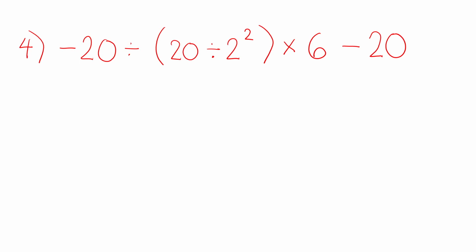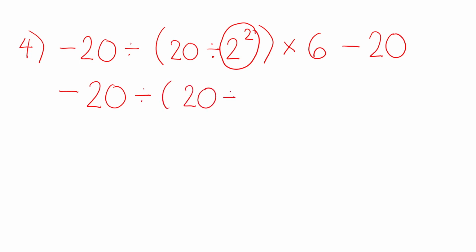What will you do first? The parenthesis. What's inside the parenthesis? 20 divided by 2 squared. Will I start with the division or the exponent? Very good. So I'm going to bring down negative 20 divided by 20 divided by, what is 2 squared? 4. Very good. Then times 6 minus 20.